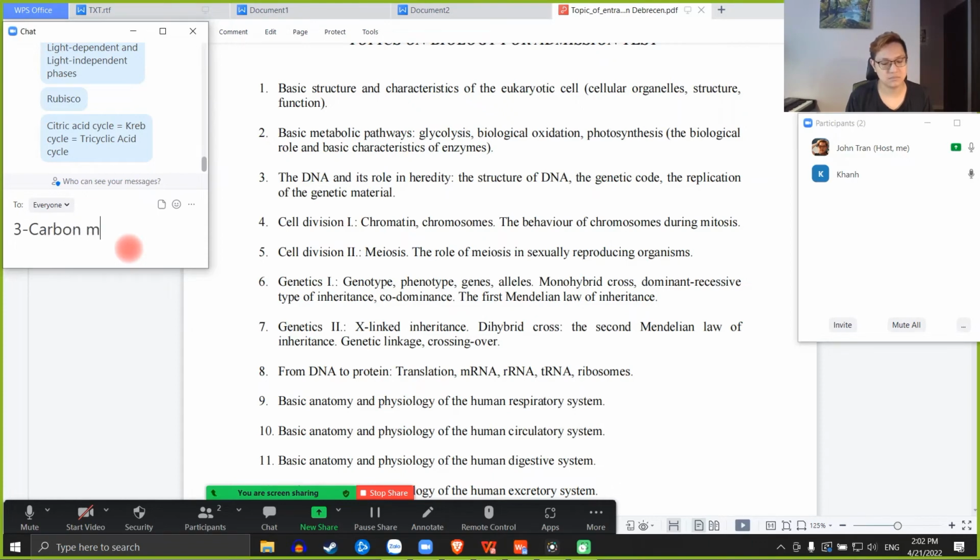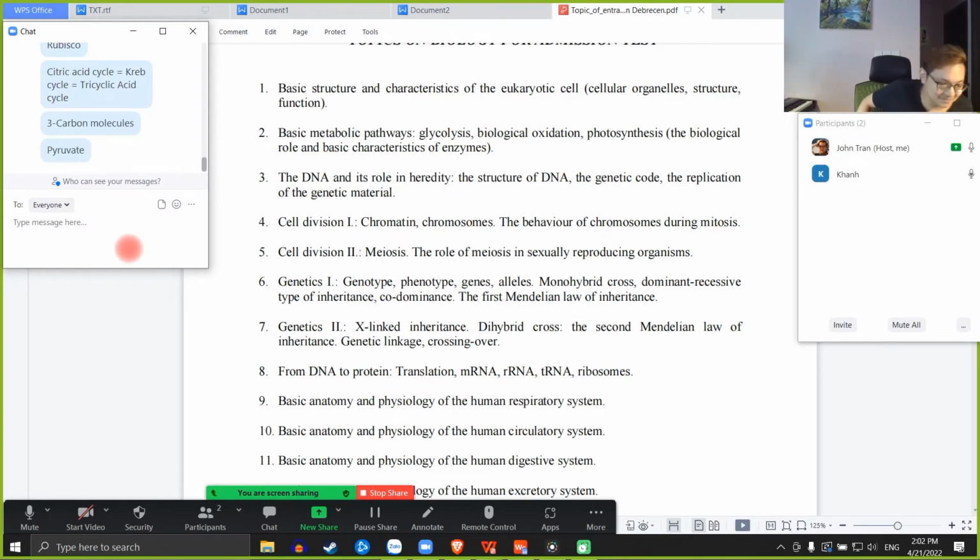And the last stage is oxidation of these three-carbon molecules to create two molecules of pyruvate. Pyruvate, yes.